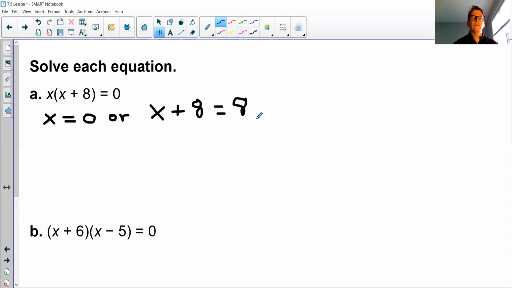We're using the zero product property to determine this. So either x is equal to 0 or x plus 8 is equal to 0. We end up with our two answers: x is 0, or x equals negative 8 by subtracting 8 from both sides.